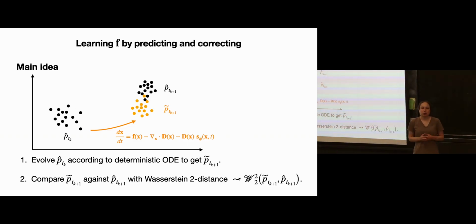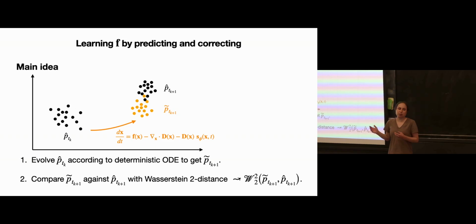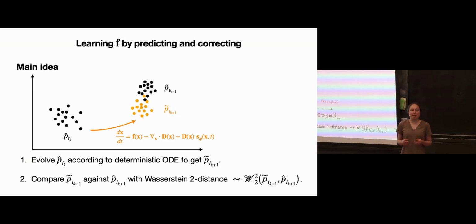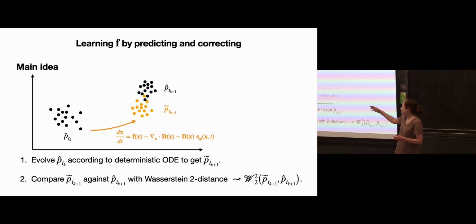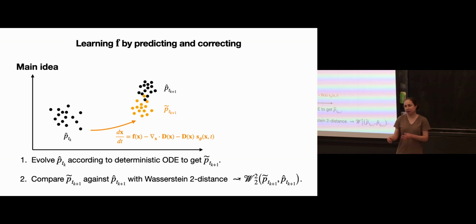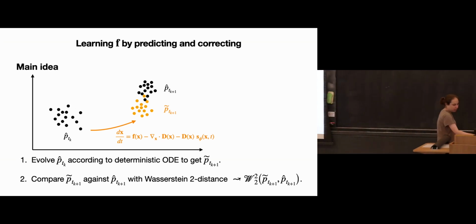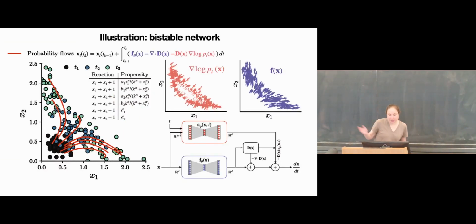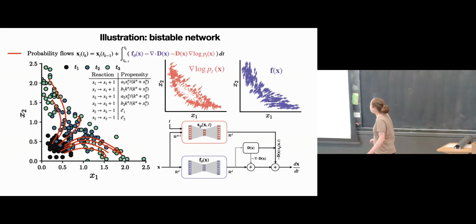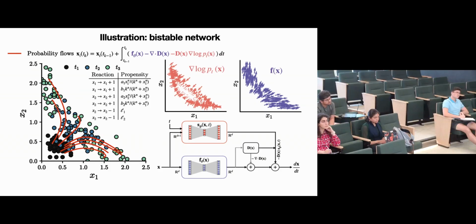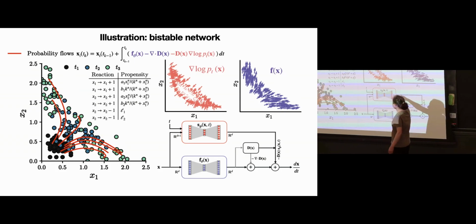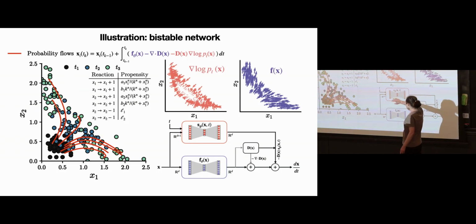You can imagine doing this in various ways. In this case, points are advanced from time step k to time step k plus 1, and then the distribution at k plus 1, predicted and actual, are compared. This is an example, a little more explicitly, of how this works in this toy example. First, a neural network is trained to estimate the score.